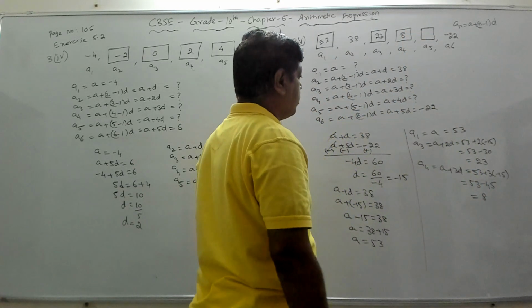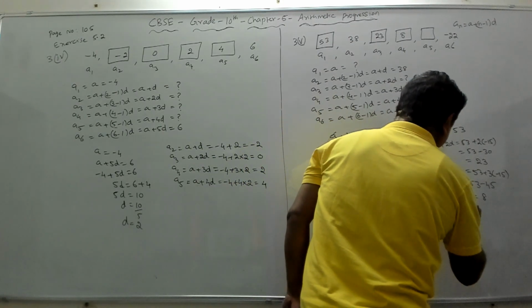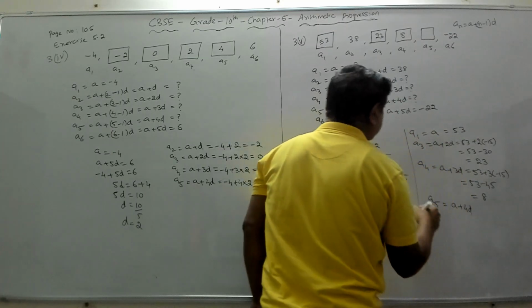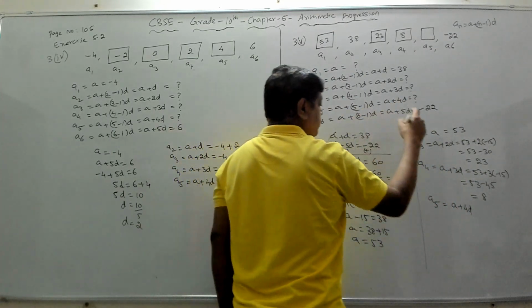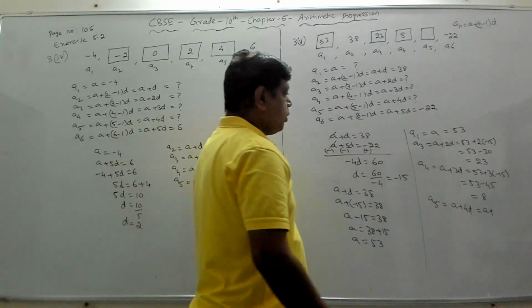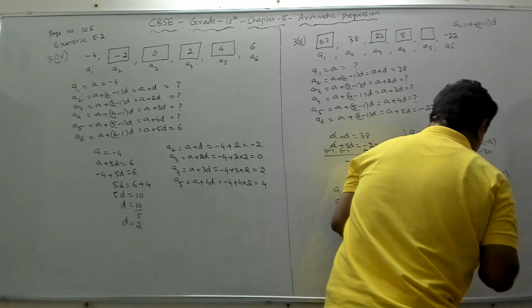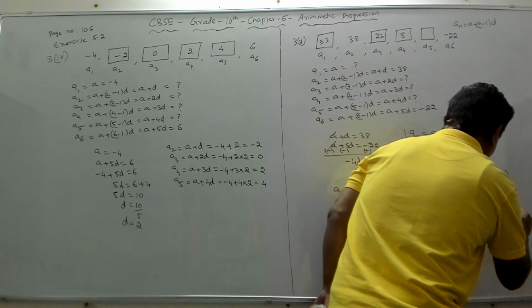That is your A4. Now A5, the last term, is equal to A plus 4D, that is 53 plus 4 into minus 15.